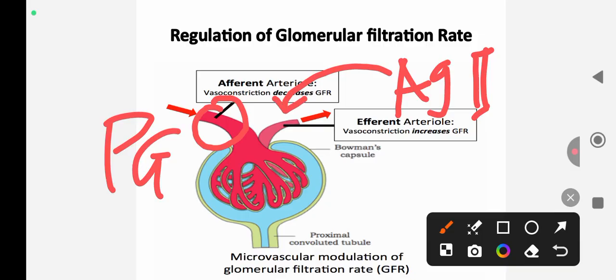So these two things make sure that the glomerular filtration rate is maintained. So if somebody has acute kidney injury where there is a compromise in the GFR, it is important that any drug that inhibits prostaglandin synthesis or antagonizes angiotensin 2 should be stopped for the meantime.